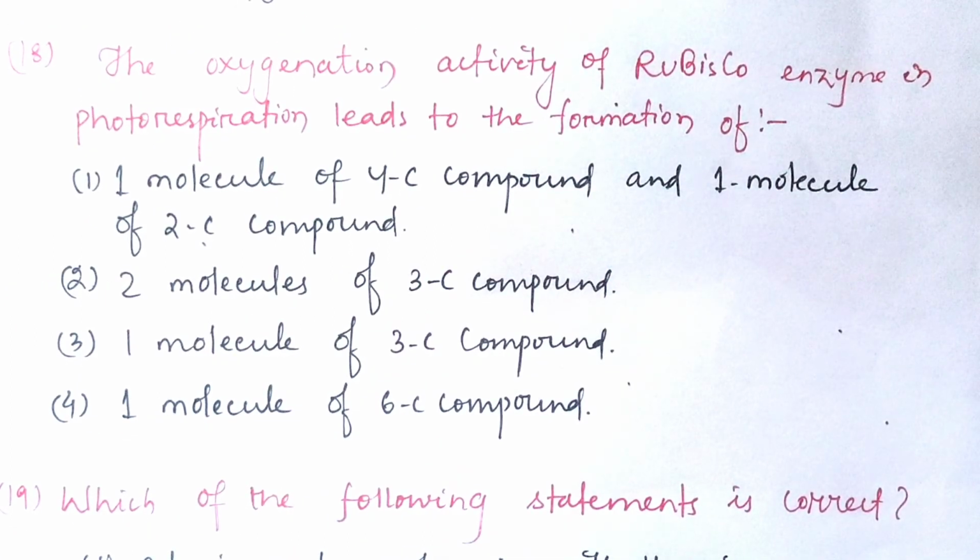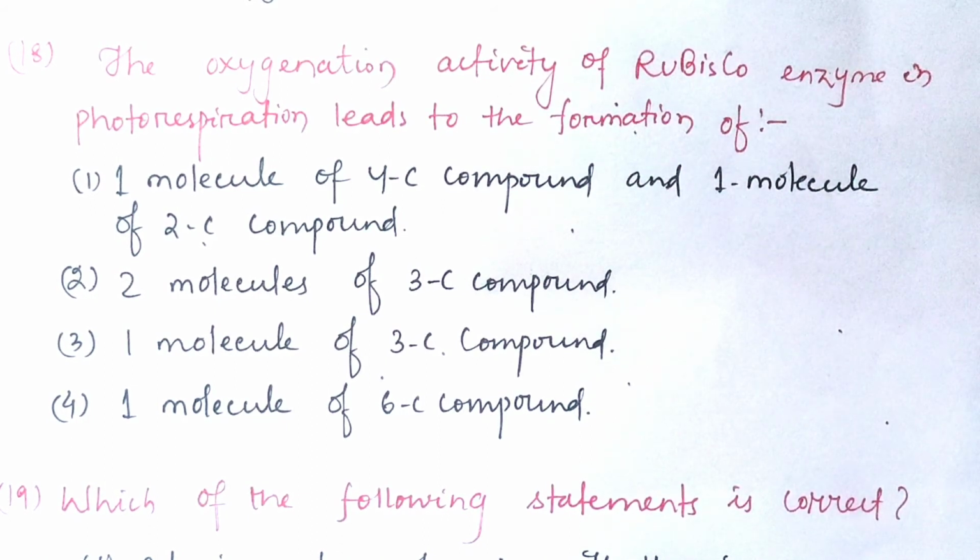Then question number 18. The oxygenation activity of Rubisco enzyme in photorespiration leads to the formation of option 1. One molecule of 4 carbon compound and 1 molecule of 2 carbon compound. Option 2. 2 molecules of 3 carbon compound. Option 3. 1 molecule of 3 carbon compound.